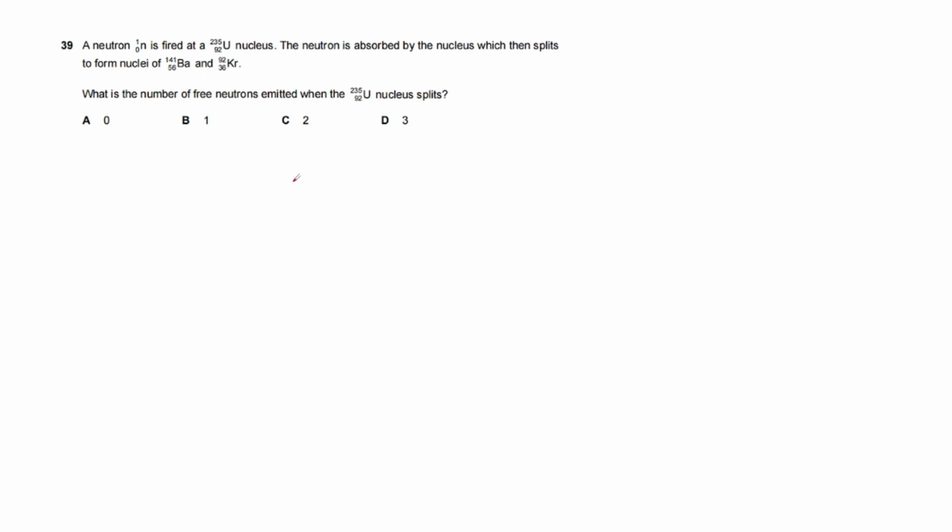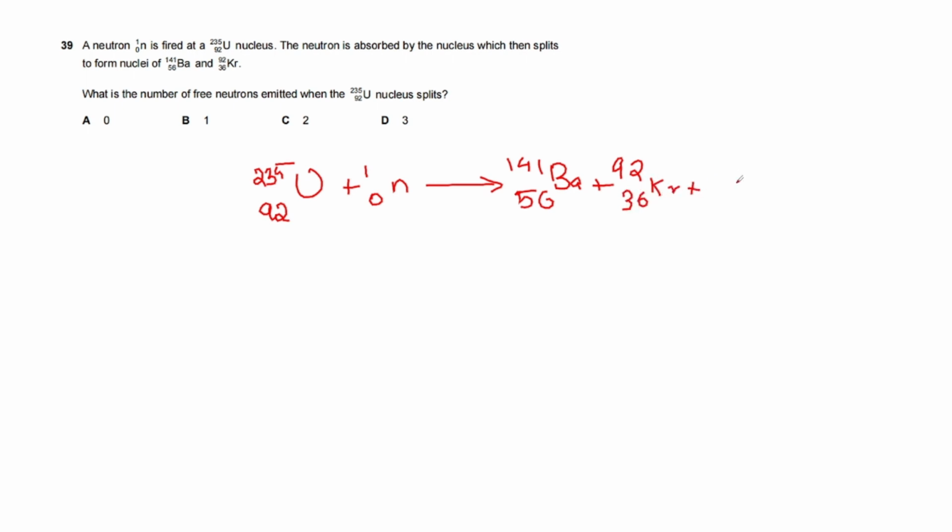So in this condition, this uranium 92, 235 is absorbing one neutron, right? Which gives you barium 141, 56 and krypton 92, 36 and a particular number of neutrons as well. You need to find out this value, the X value.